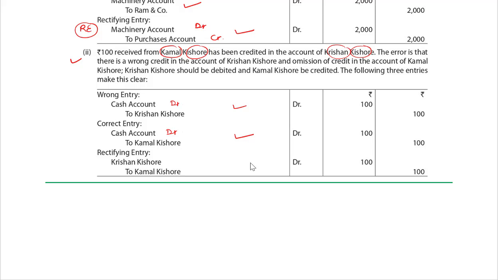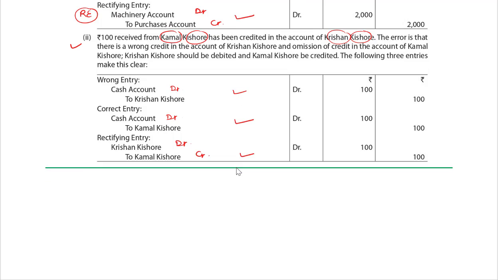By mistake we have credited Krishan Kishore. So we will debit it. So over here we have debited Krishan Kishore and credited Kamal Kishore. I believe we are clear now. Let's see one more instance like this, and it will be quite easy for you to rectify these kinds of errors which affect two accounts.